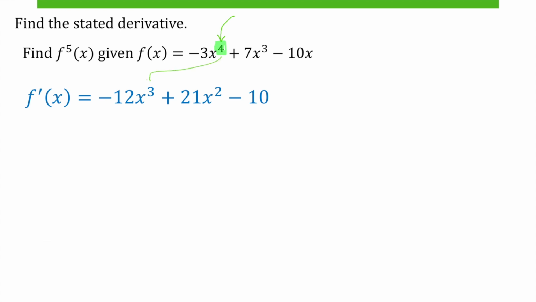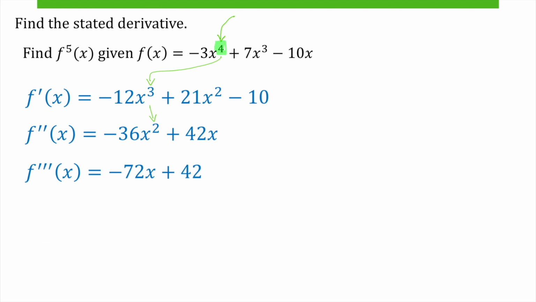Okay, so the 4 has gone to a 3. Take the derivative of that one. Our second derivative is -36x squared plus 42x. 3 drops down to a 2. Take the derivative of that. You get -72x plus 42. Take the derivative of that, and you get -72.